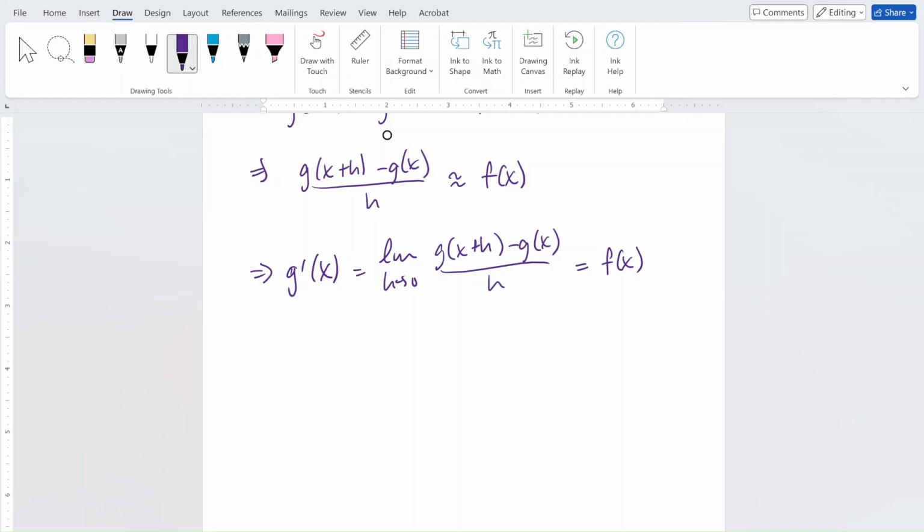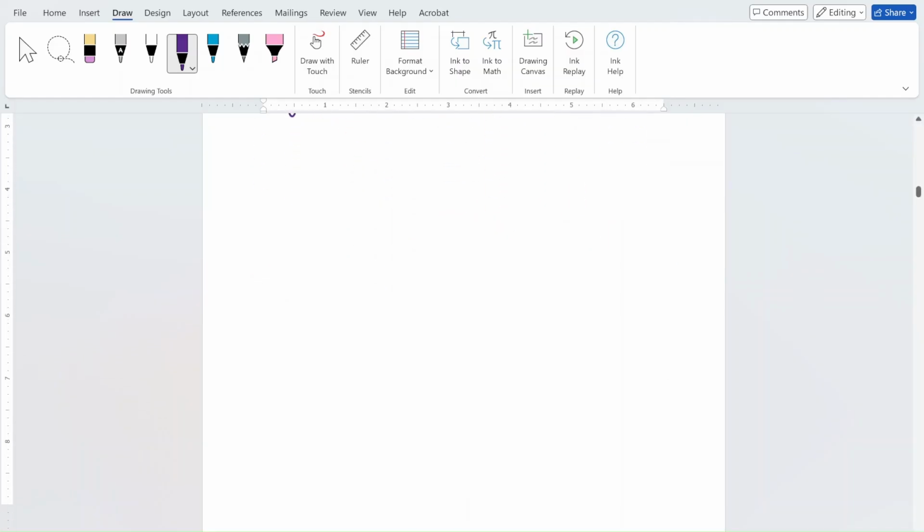So now that we have this concept a bit better, let us get into the fundamental theorem of calculus part 1. What does this say?